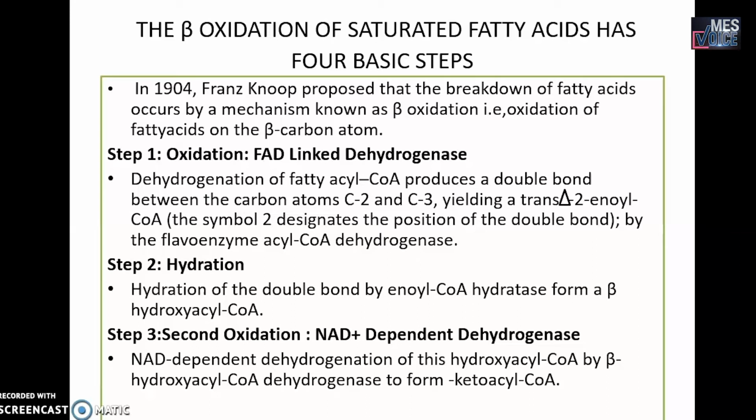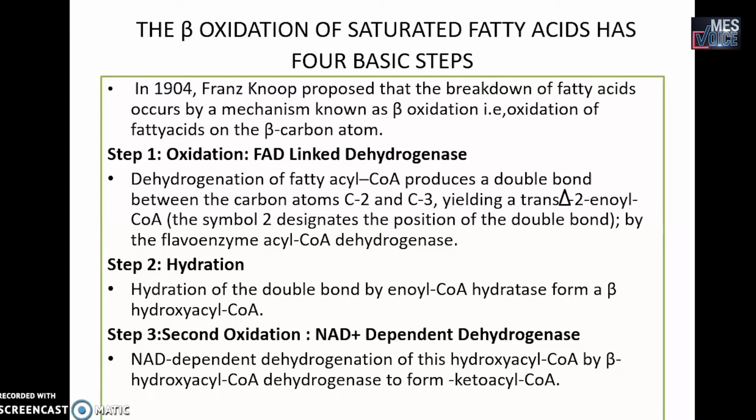Step 1, oxidation catalyzed by FAD-linked dehydrogenase. In the first step, dehydrogenation of fatty acyl-CoA occurs, producing a double bond between the carbon atoms at the second and third position, and the product yield is a trans delta 2 enoyl CoA.